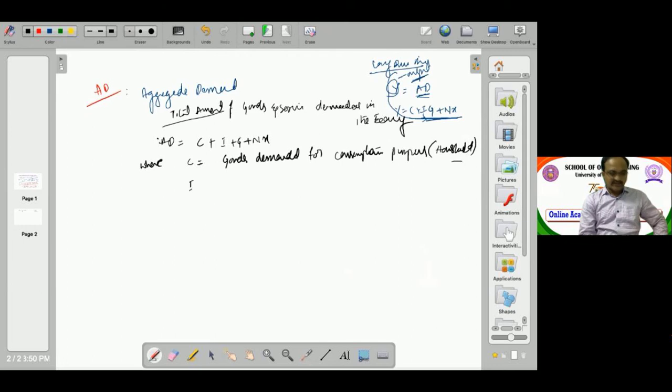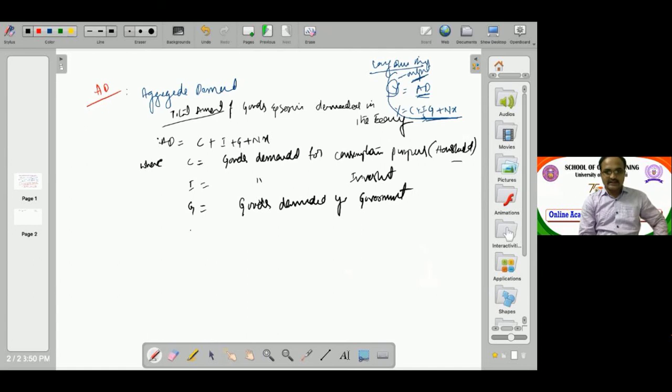And I is equal to goods demanded for investment. Next, G is goods demanded by the government. Got it? C plus I plus G.